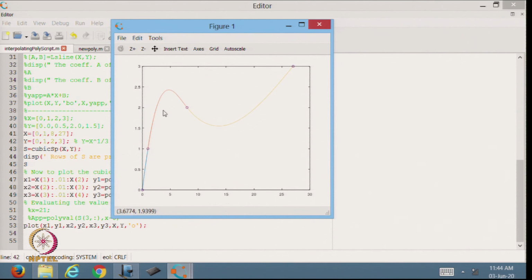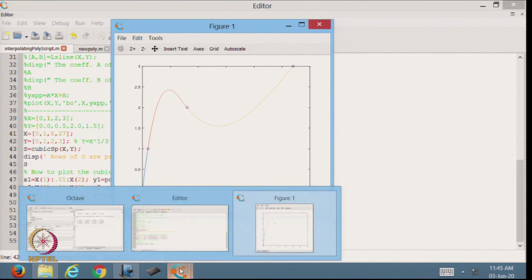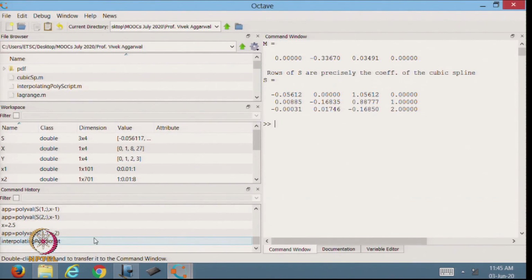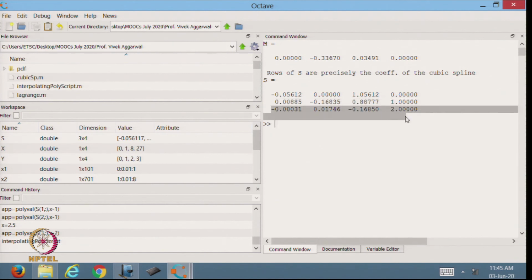So, this is my cubic spline we are getting for these values and from here if I find the value of s. So, this is my first cubic spline, the coefficient of the first cubic spline, this is the second cubic spline, and this is the third cubic spline. So, based on this one I can find the 3 cubic splines.